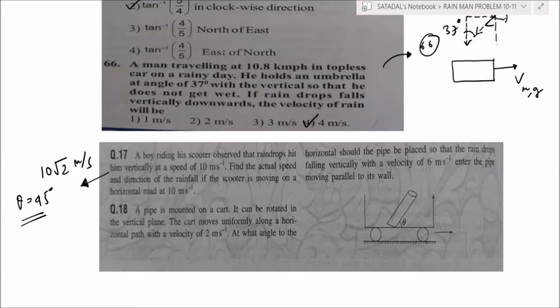Vignesh: Sir, I also got the same. Yeah, okay, fine, good. Pritam: Sir, even I got the same. Okay, fine, very good. Chalo, go for the 18th one.